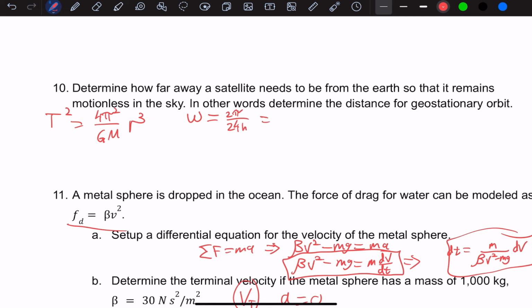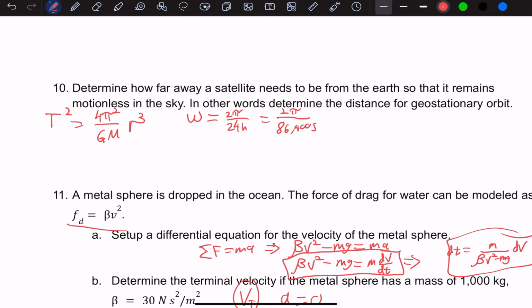We need to convert that from hours into seconds. So that would be 3,600 seconds times 24 hours. I'll just plug it in a calculator really quickly. So that would be 24 times 3,600, I believe. So that's 2 pi radians in 86,400 seconds.